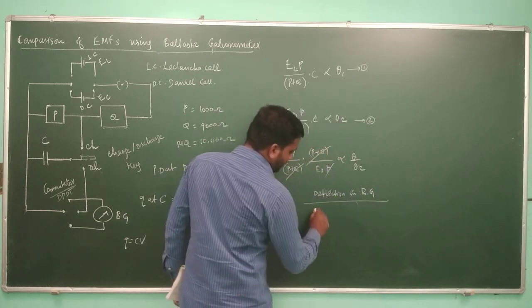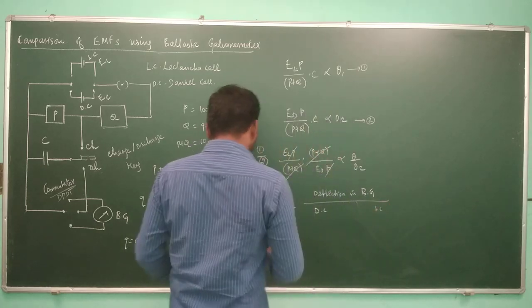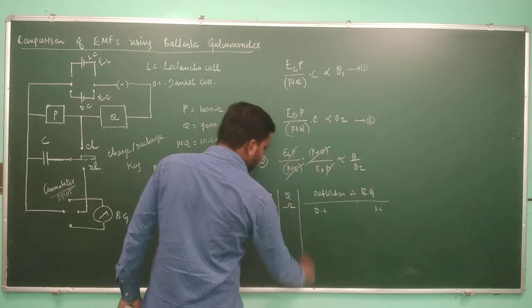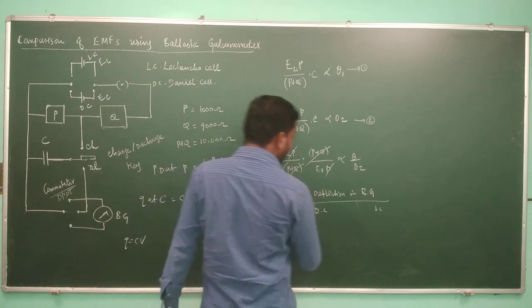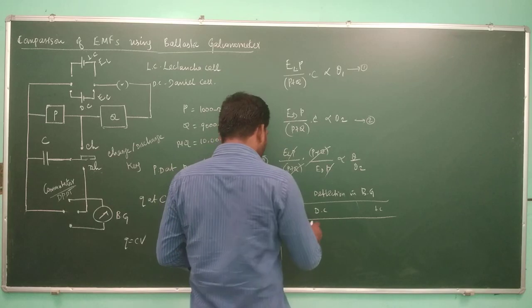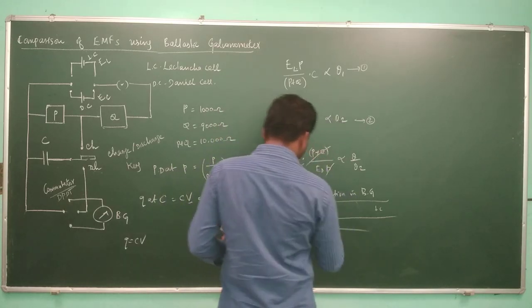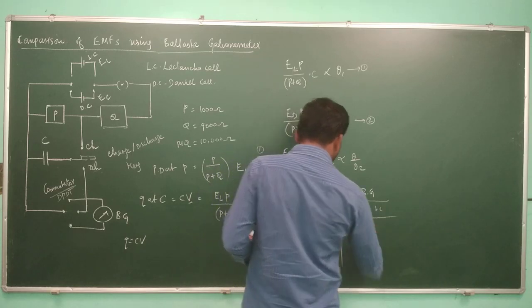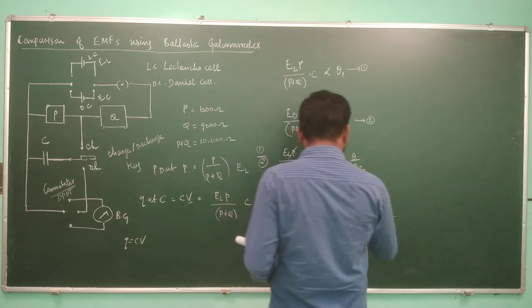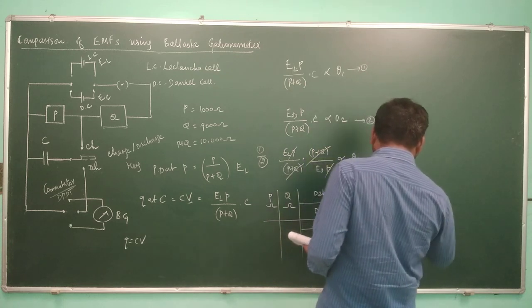So we have Daniell cell and we have Lagrange cell. Both we have, so for P, for Q, if we have the Daniell cell, what is the throw? Throw to the left, throw to the right, average. Here also, throw to the left, throw to the right, average.